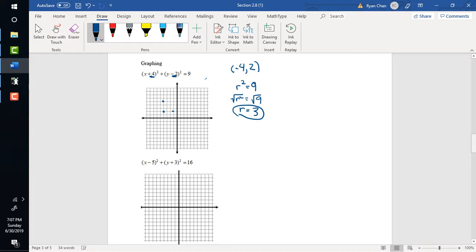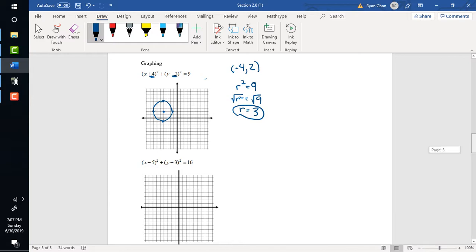Then starting again from my center, going down by 3, 1, 2, 3. And then to the left, 1, 2, 3. And then just do the best you can to make your best circle here. Okay, and that's it.